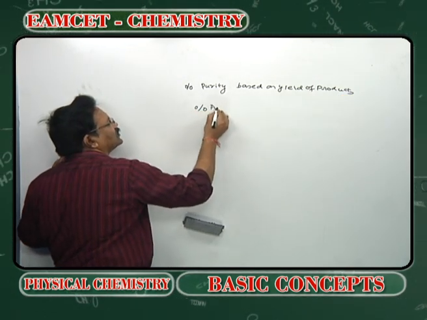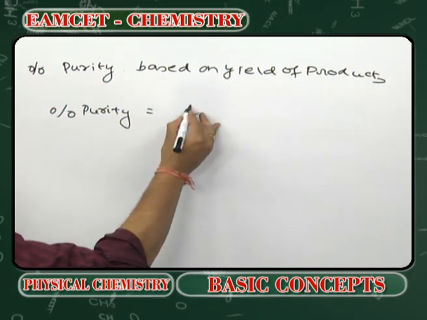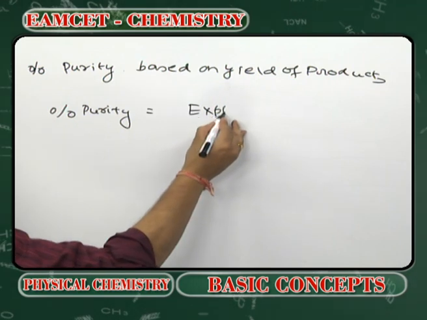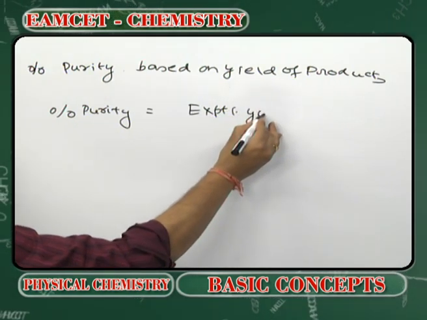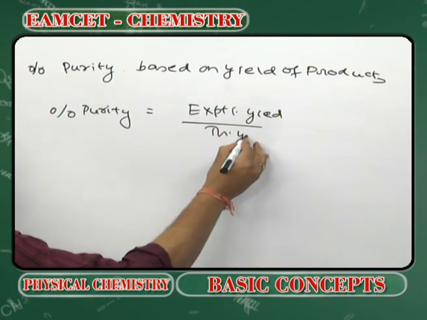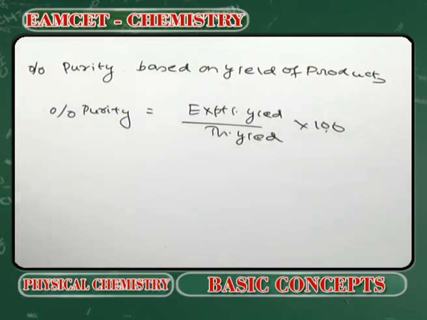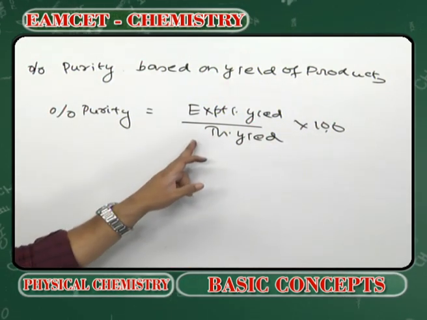Percent of purity is equal to experimental yield by theoretical yield into 100. Experimental yield they have given.